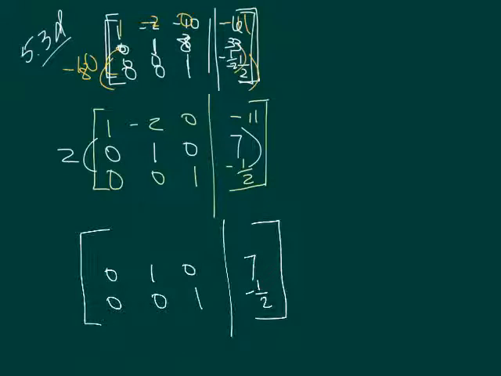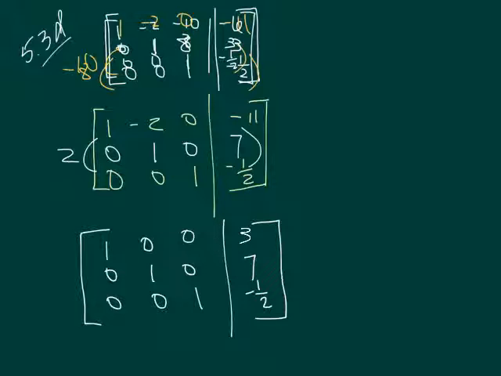And my top row is the one that's going to change because I'm going to take 2 times 0 is 0 plus 1, gives me a 1. 2 times 1 is 2 plus negative 2 is 0. 2 times 0 is 0 plus 0 is 0. 2 times 7 is 14 plus negative 11 is going to be 3.